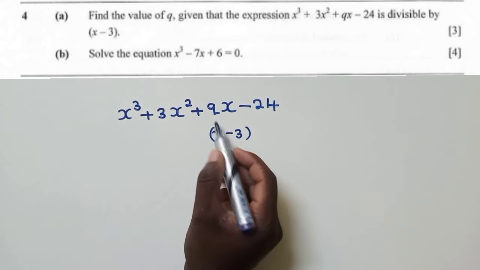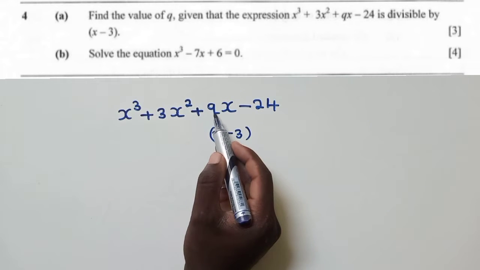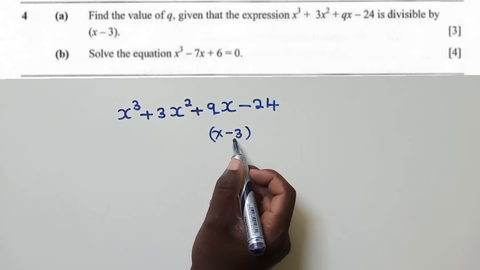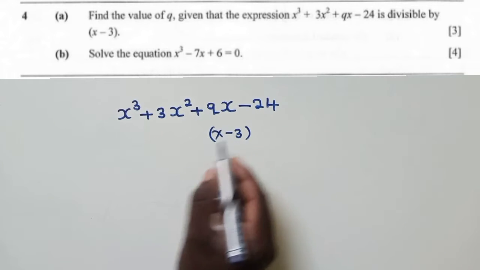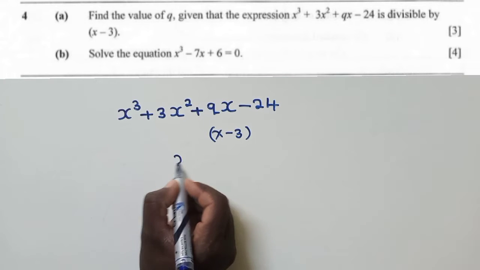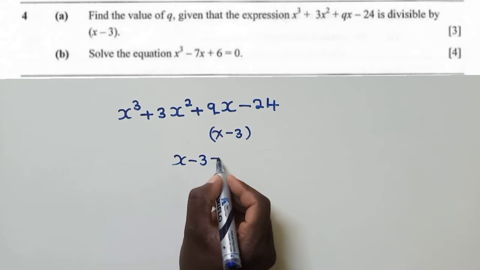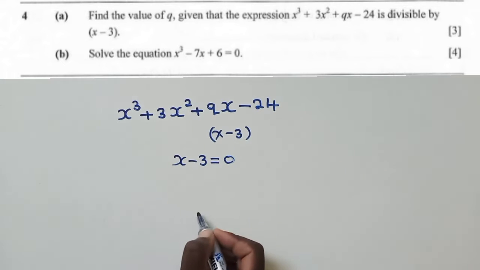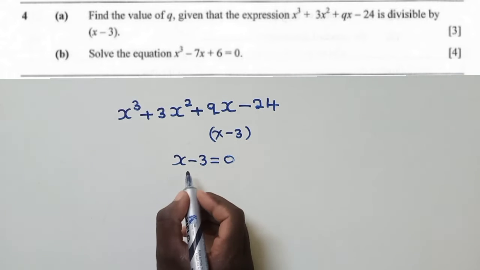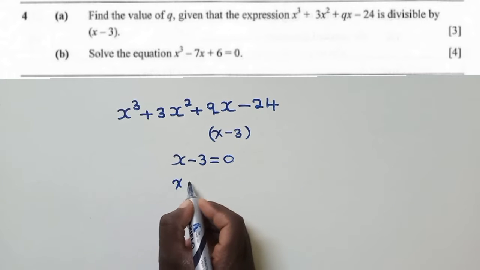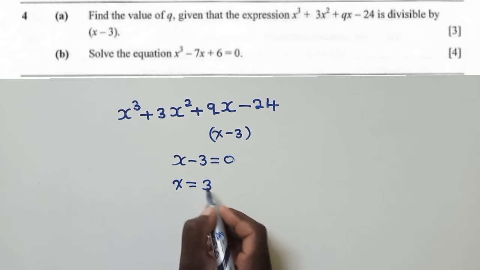To get the value of q, we first take this and equate it to 0. So we're going to say x minus 3 is equal to 0. Once we do this, we now say x is equal to 3.